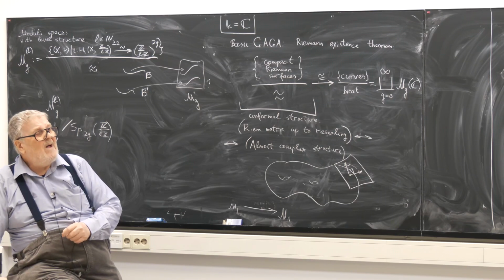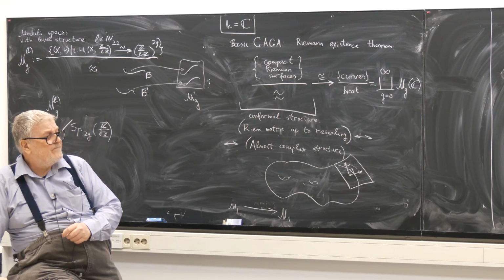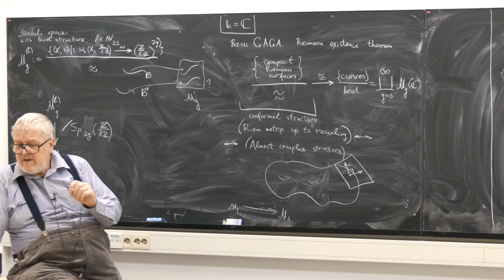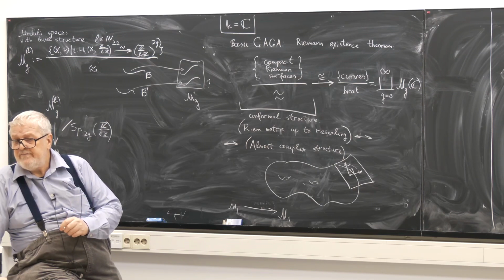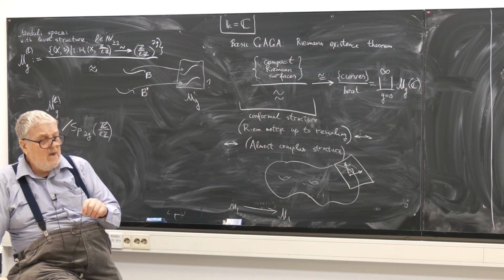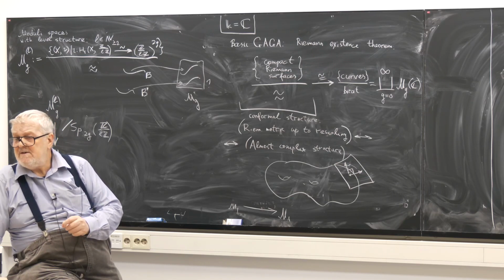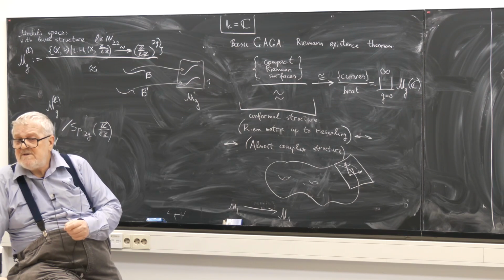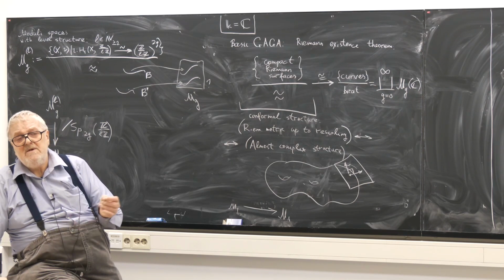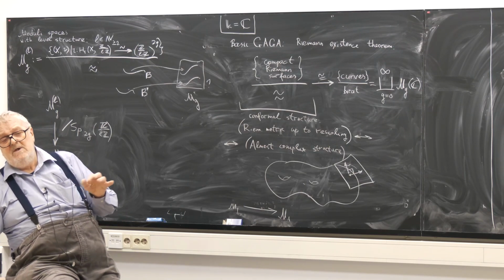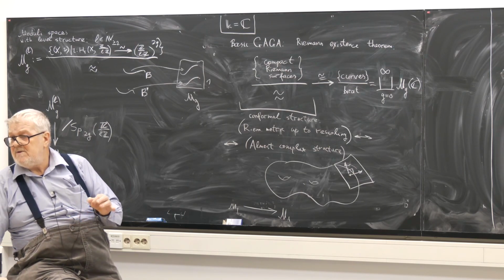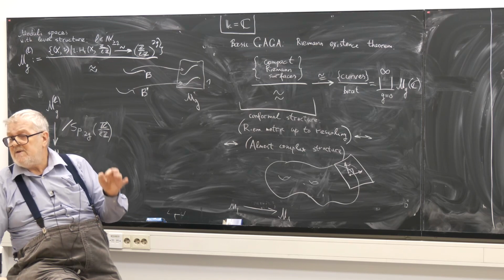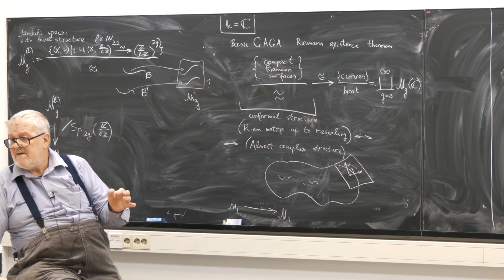Totally. Well, formally, of course, yes. But the associated structures are different. The conformal structure defines some things that we are not going to discuss here. Spectrum of Laplacians and things like that.